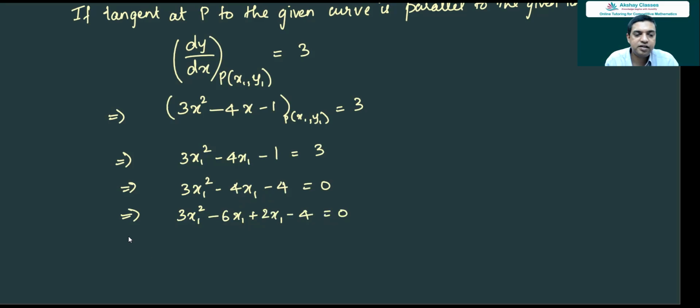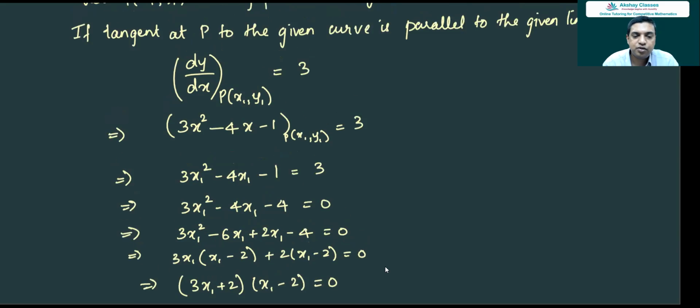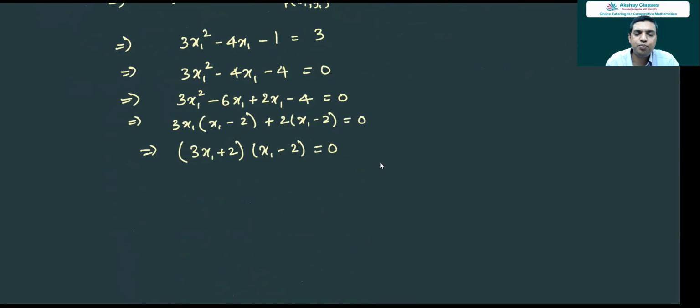So these are the factors. Upon factorization, of course, in the question, he has not given the interval. So let's see. We get 2 points, which implies x1 is equal to 2 or x1 is equal to minus 2 upon 3.